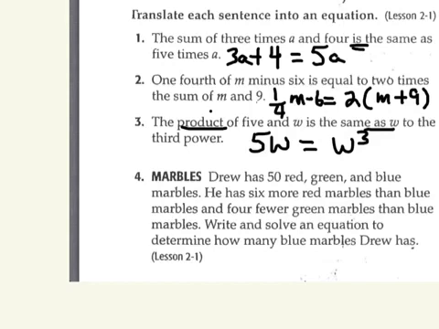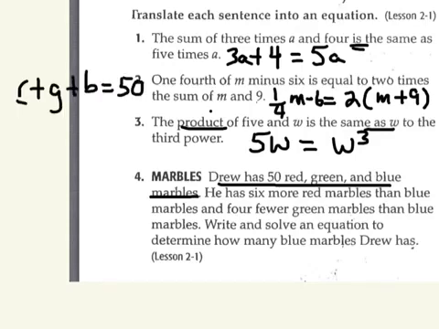Whenever we have an equation that we want to solve, we really like to have as few variables as possible. Here, we've got Drew with 50 red, green, and blue marbles. That's 50 marbles total. So we've got red plus green plus blue is equal to 50, where those letters refer to the number of marbles of those colors.